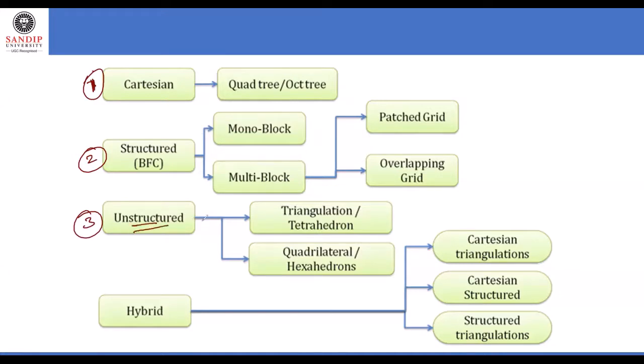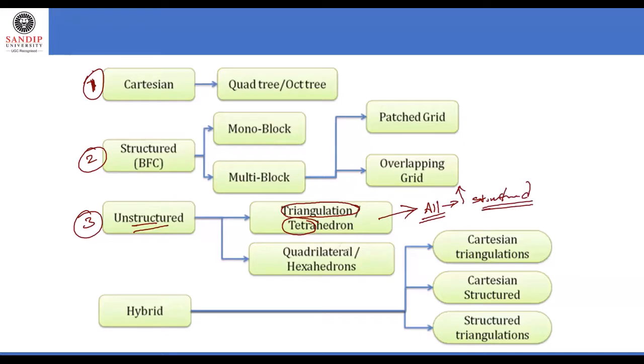In the unstructured grid method, it can be either triangular cells or tetrahedral cells. If the cells are all triangular or tetrahedral, at least in this one, they are very close to the structured grids.